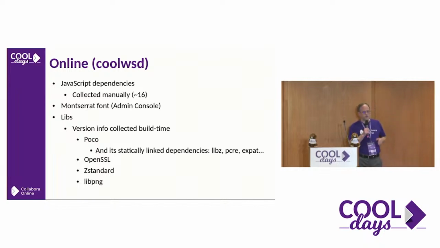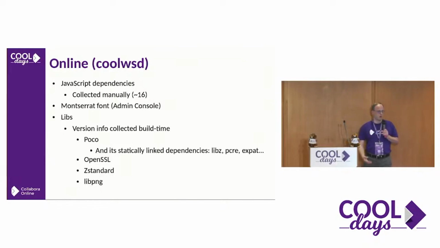So we manually maintain a list of the JavaScript dependencies. So if you add or remove one third-party JavaScript library, I must know about it, so to update this manually maintained list. We also have a font for the admin console, and we have 4 C++ libraries that we statically link.